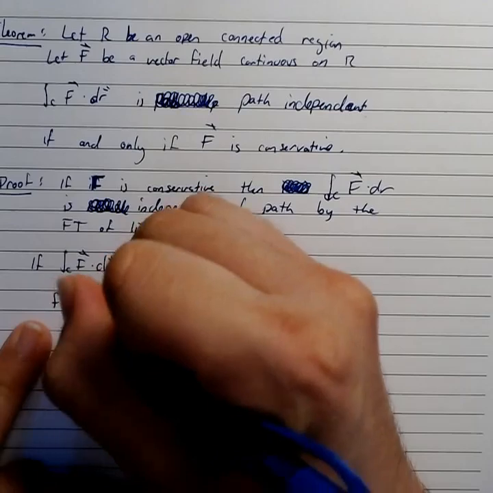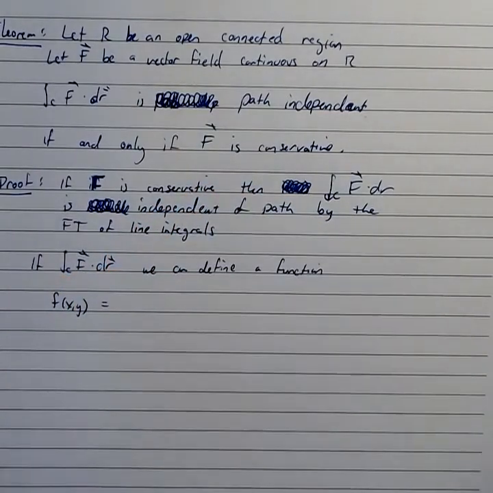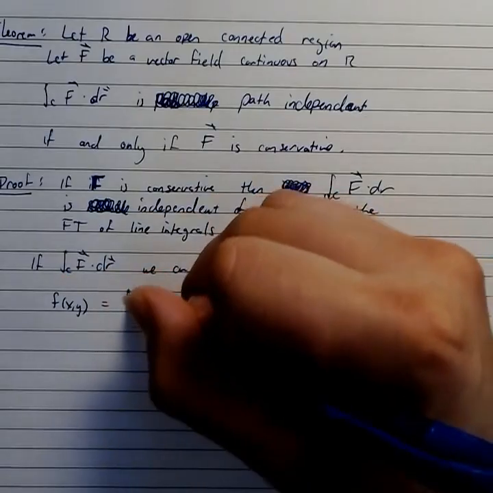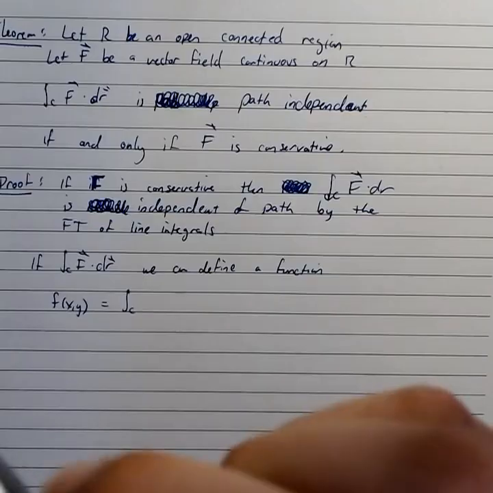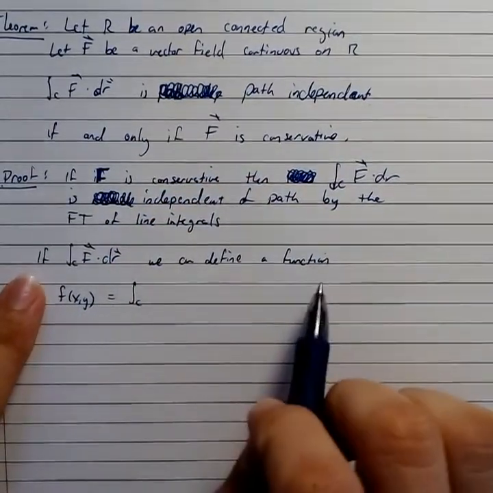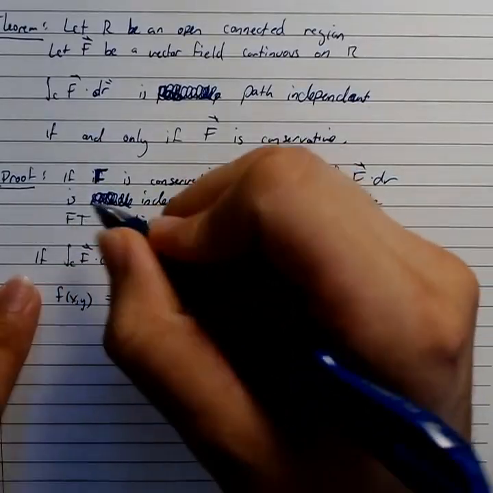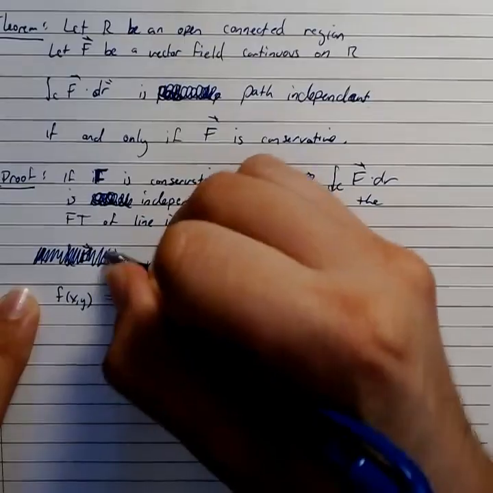F of x, y to be equal to the line integral over C. If this, we can define a function. So here, let's leave this off to the end.